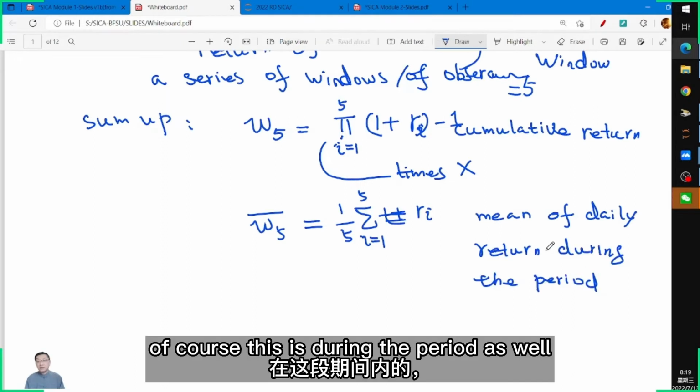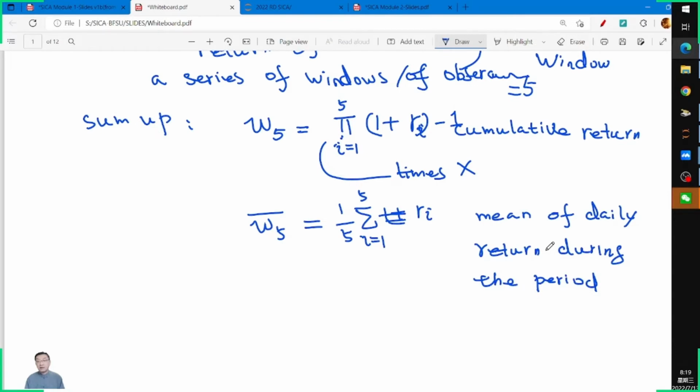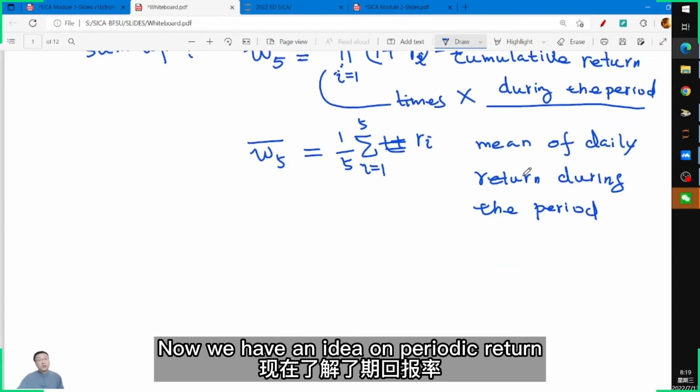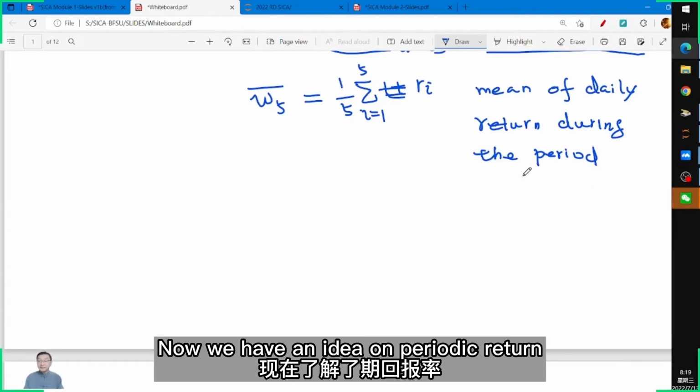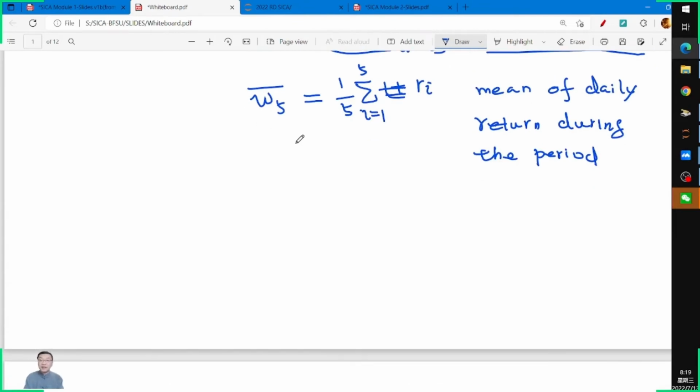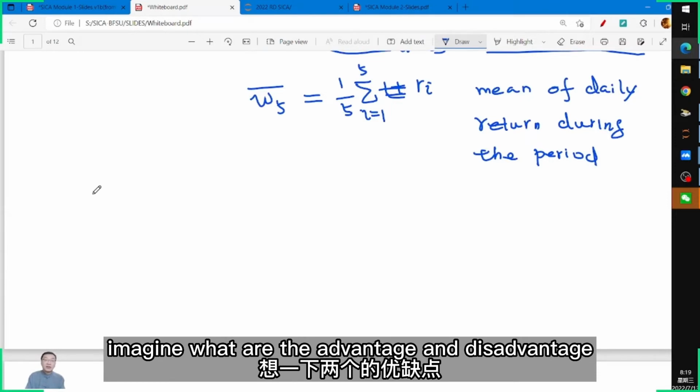Of course, this is during the period as well. Now we have an idea on periodic return. So next, let's try to imagine what are the advantage and disadvantage.